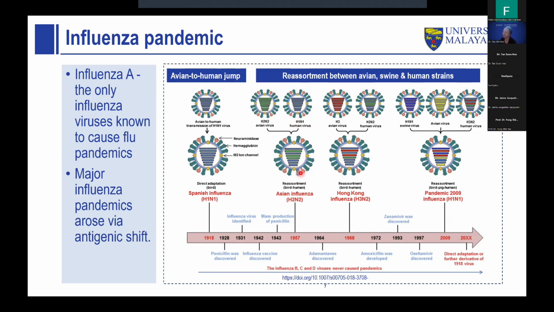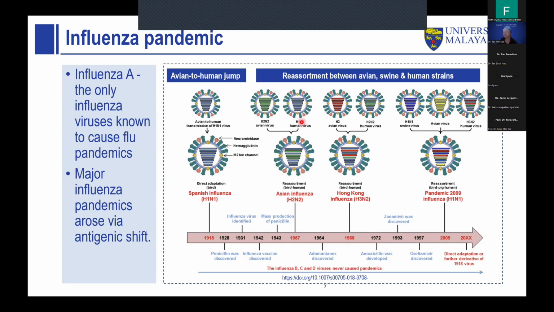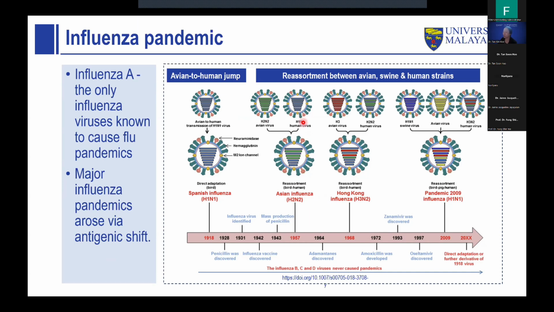This reassortment of different genetic strains creates a new or novel combination that allows the new strain to effectively invade a new population, in this case humans. And this reassortment can only occur when two influenza viruses infect the same host. During co-infection of the same host, and during virus replication, reassortment of their genome segments could happen.